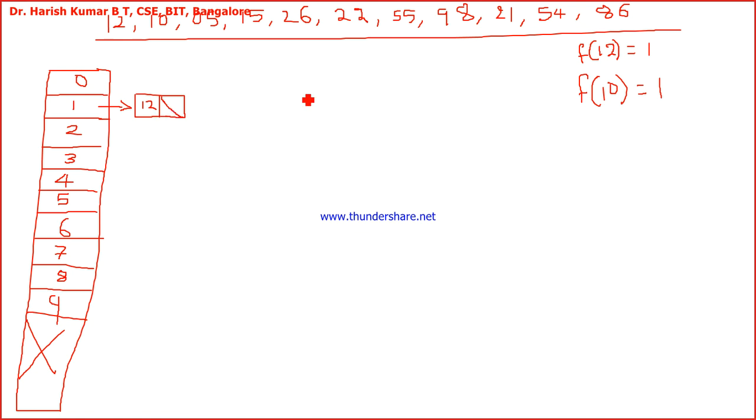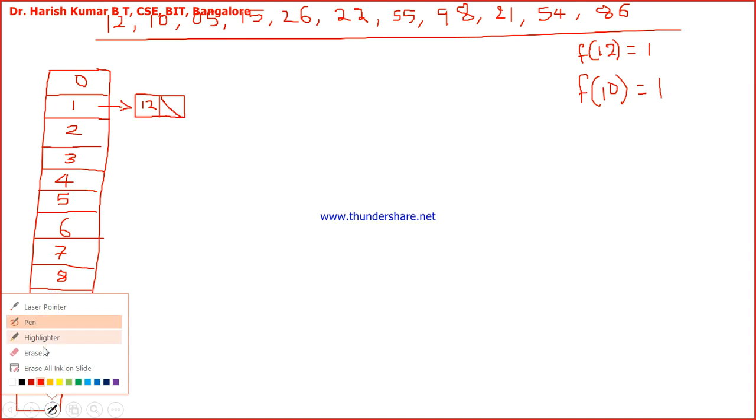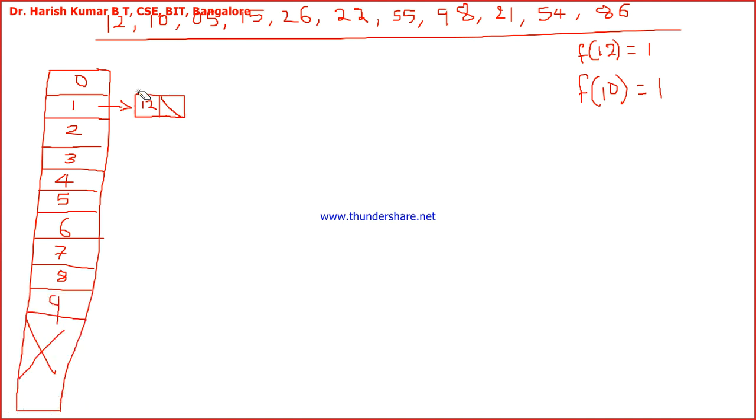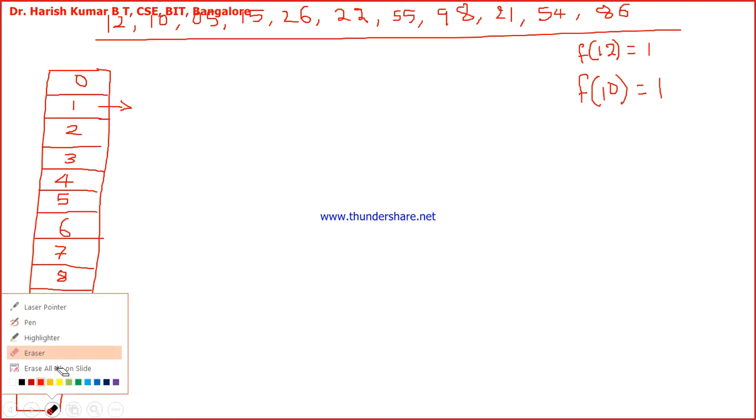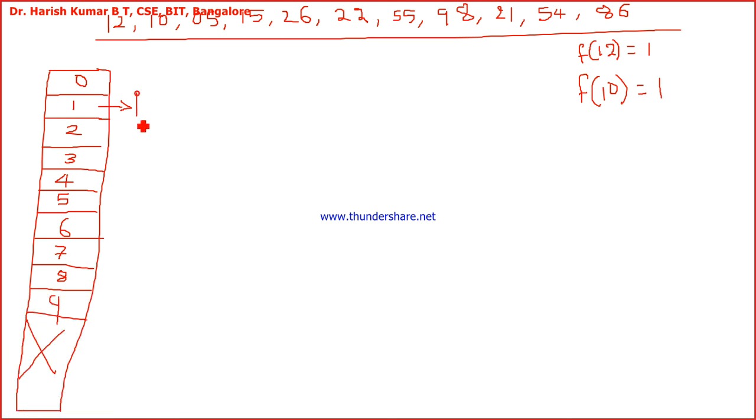Now what I'll do, I'll erase this and write 10 as the first node and 12 as the second node. So 10 is the first node, and then we have 12, and this is null.